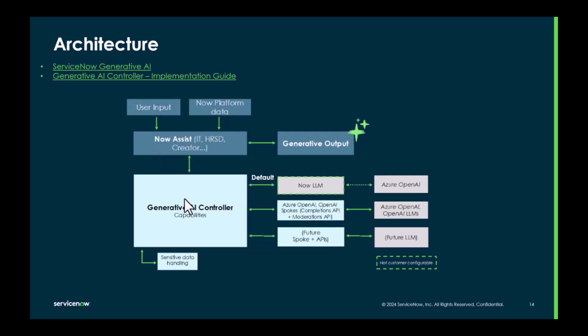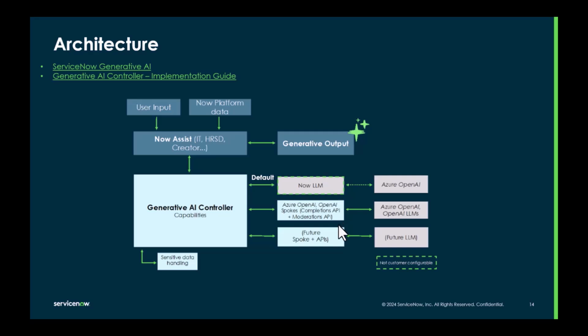And then the request goes to generative AI when it has these capabilities. Capabilities are the functionalities that we are leveraging. In this case, we are talking about product feedback summarization, which is one SPM capability that's available here in the generative AI controller. So based on that capability configuration, it routes the request to the generative AI functionality that's enabled.